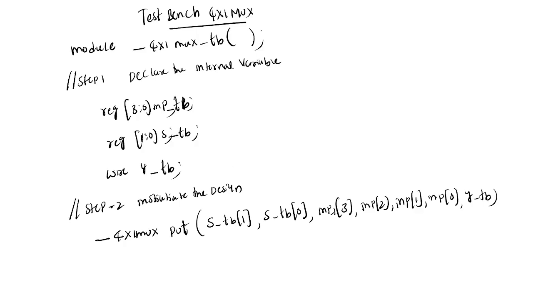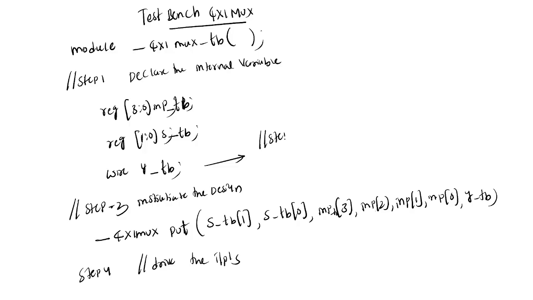Okay, inp underscore tb, and drive the inputs. You can use a for loop or you can drive some constant values. This is step 3, and drive the inputs is step 4. Step 2 is you need to initialize the internal variables.